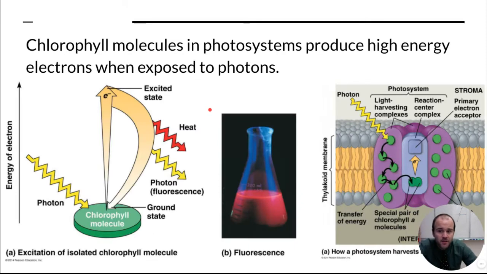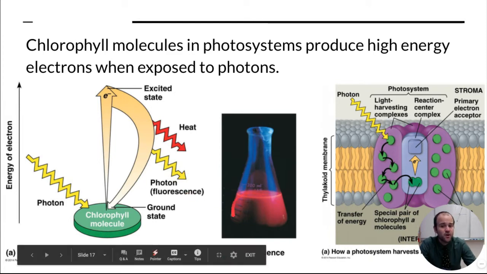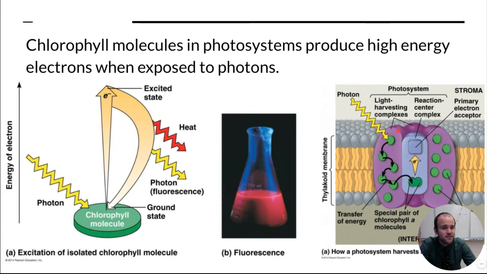So chlorophyll molecules in photosystems are able to harness those photons and charge up those electrons into an excited state, which is going to give off heat. It can also give off its own source of light. So if you have pure chlorophyll and hit it with light and then turn off the lights, it can glow. So it's pretty cool. And there are these light harvesting complexes in the photosystem which bring in those photons, charge up those electrons, and get them ready for the electron transport chain.